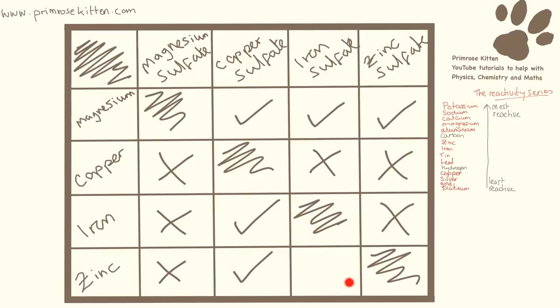If we're looking at zinc and iron sulfate, zinc is here, iron is here, again very close to each other, but the iron is lower than the zinc on the reactivity series, so we are going to get a reaction in this circumstance, and this is exactly what we saw in the practical we've just done.